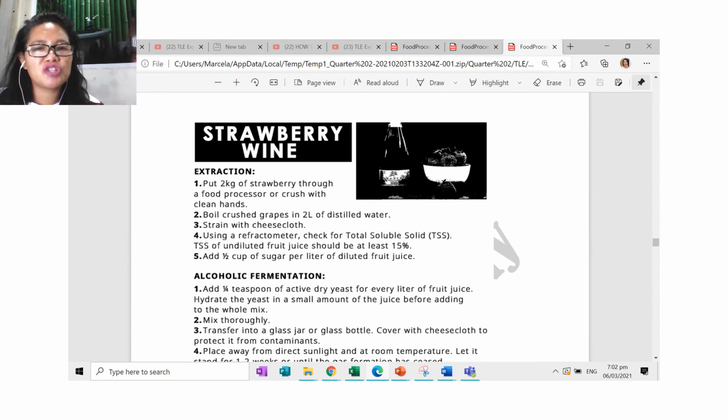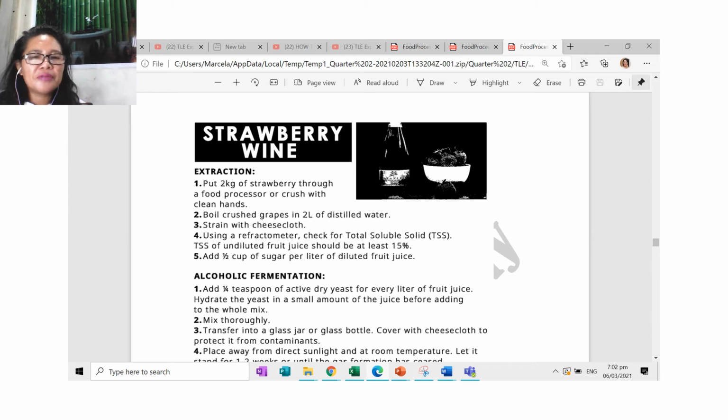Number 4, using the refractometer, you're going to check the total soluble solids or TSS. The TSS of the undiluted fruit juice should be at least 15%. So add 1/2 cup of sugar per liter of the diluted fruit juice.